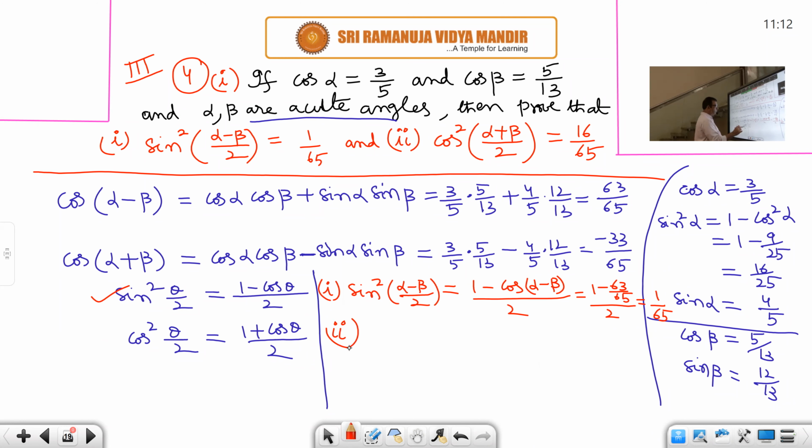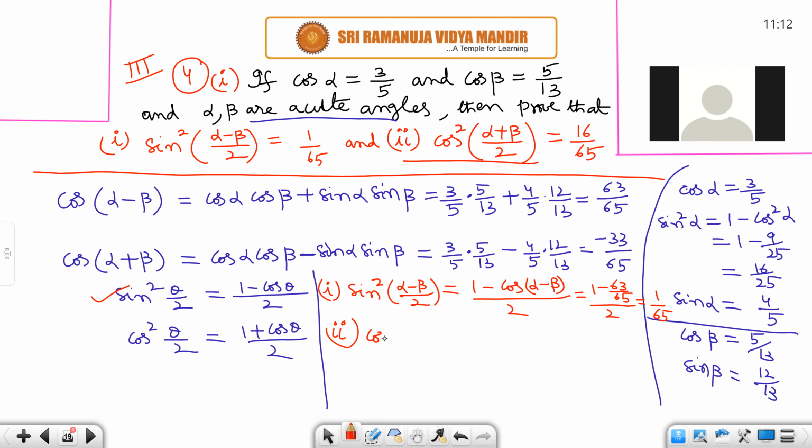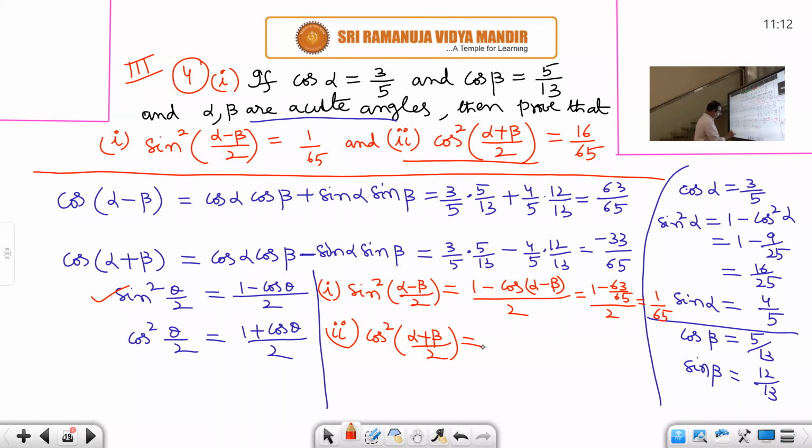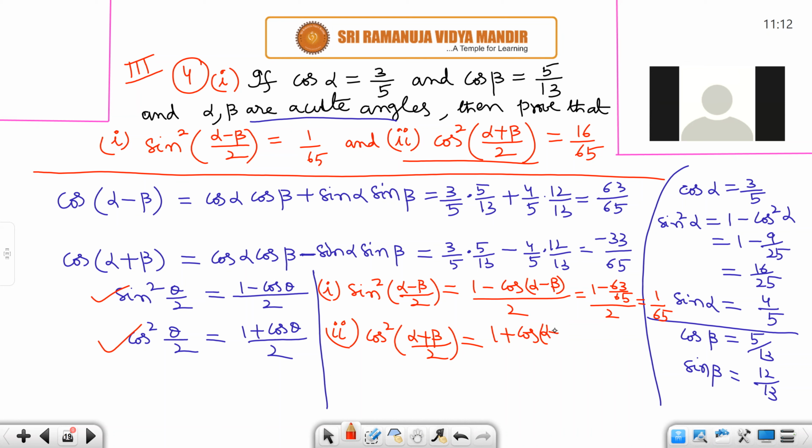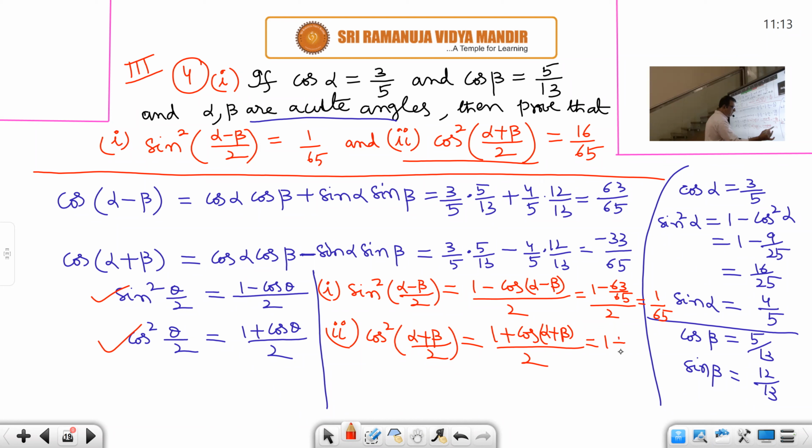Next bit, second bit. What is it that we have to prove? Cos square alpha plus beta by 2. Using this second formula, cos square theta by 2 is equal to 1 plus cos alpha plus beta whole divided by 2, sir. 1 plus, what is cos alpha plus beta we have found already? Minus 33 by 65, sir. So I'll remove the plus sign here.